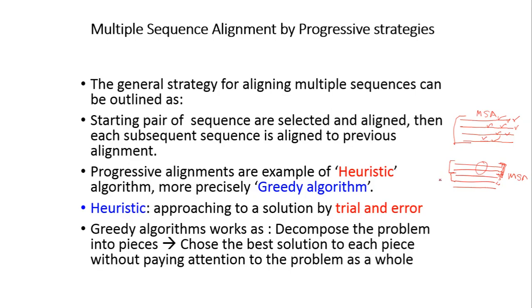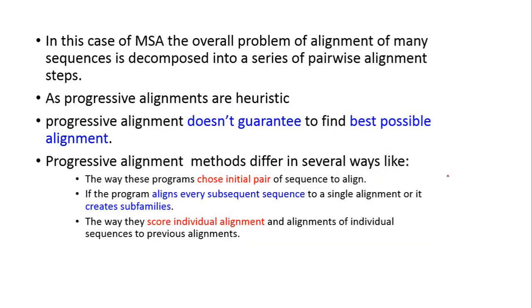In case of multiple sequence alignment, the overall problem of aligning many sequences is decomposed into a series of pairwise alignment steps. Now, as progressive alignments are heuristic, the biggest drawback of heuristic methods is that they don't guarantee the best possible alignment, or what we call an optimal alignment. There can be multiple solutions if you opt for such a heuristic method.